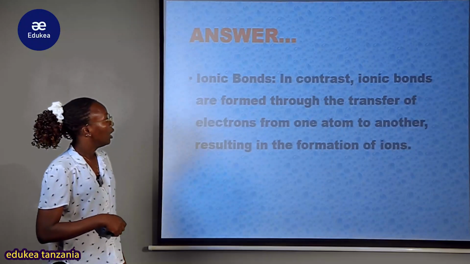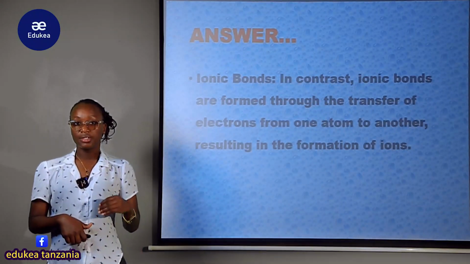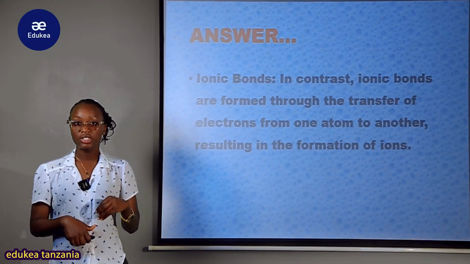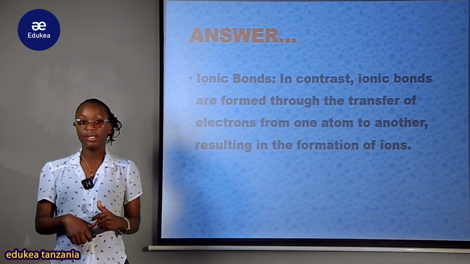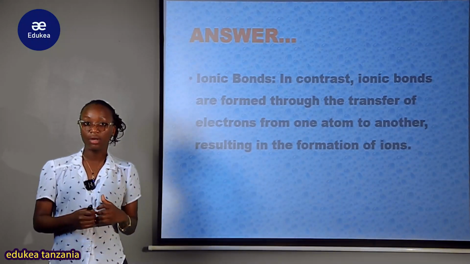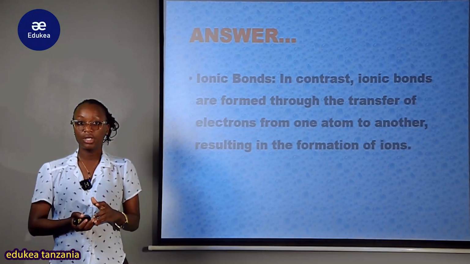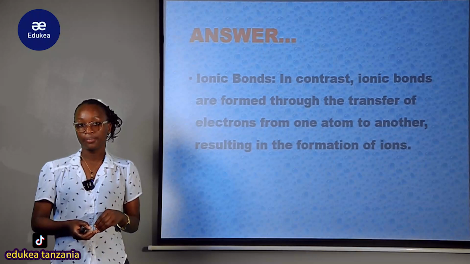Okay, that is all about covalent bond. Remember, we are talking about the point of nature of bonding. So we have seen that the nature of bonding in covalent is made up of sharing of electrons, only that. So it involves formation or combining of elements or substances by sharing.